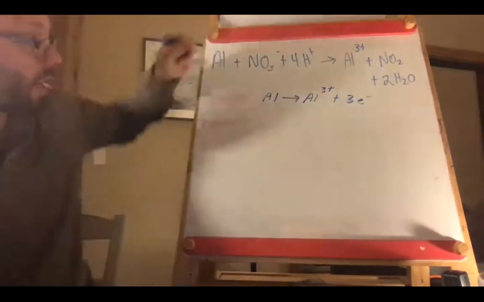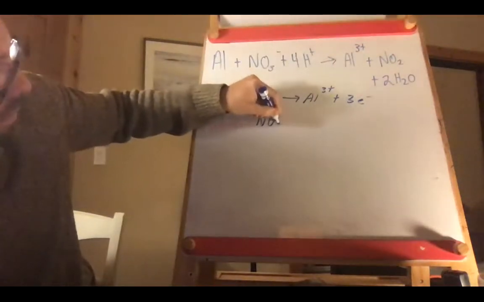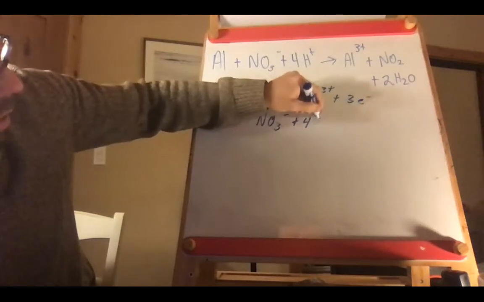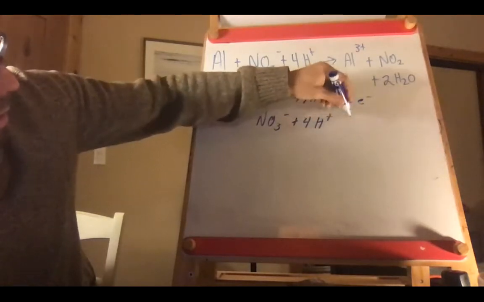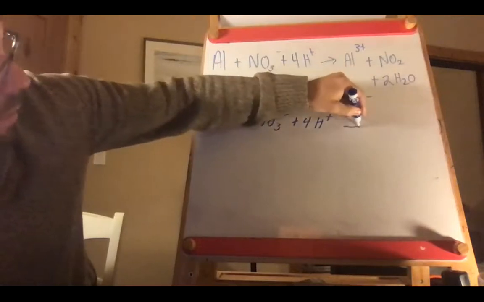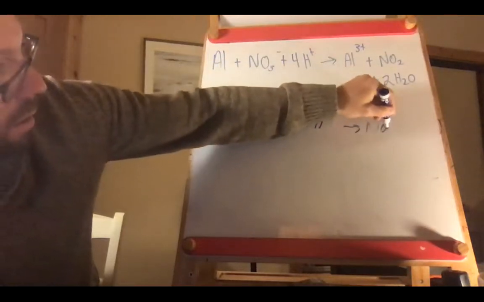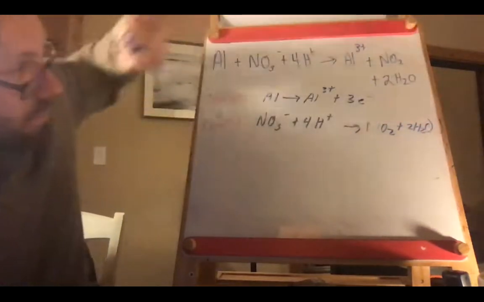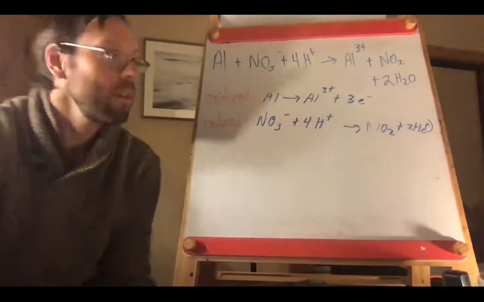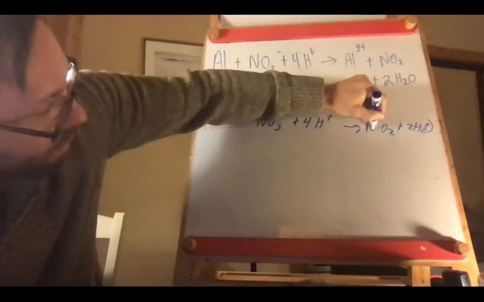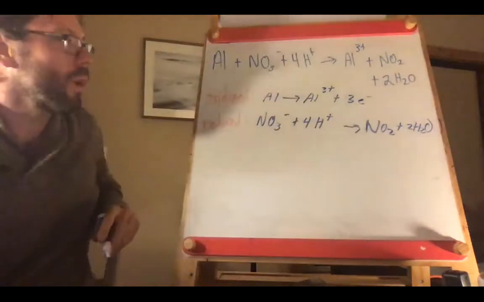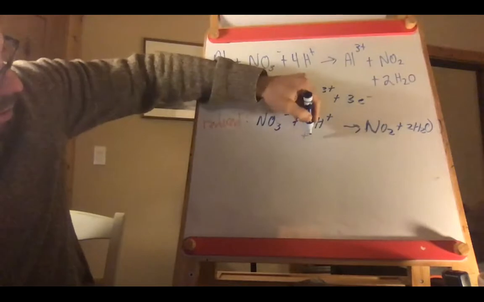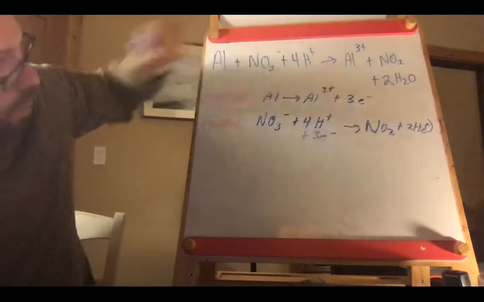So that means that the NO3- plus 4H+ goes to NO plus 2H2O. That means that this is our reduction reaction. And we usually tack on 3 electrons here as well.